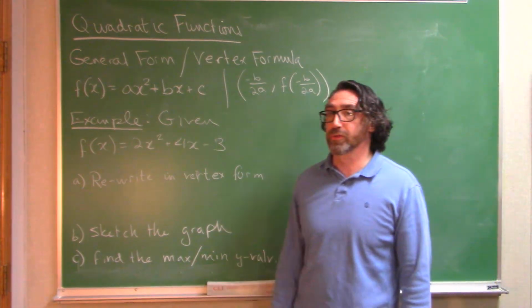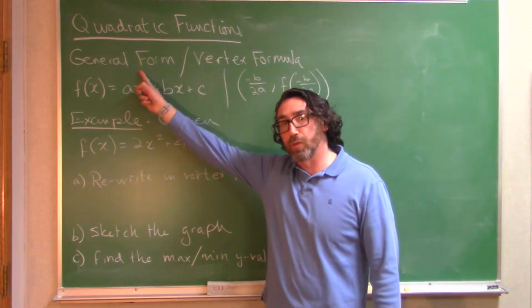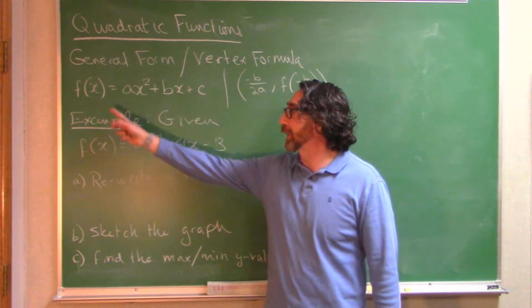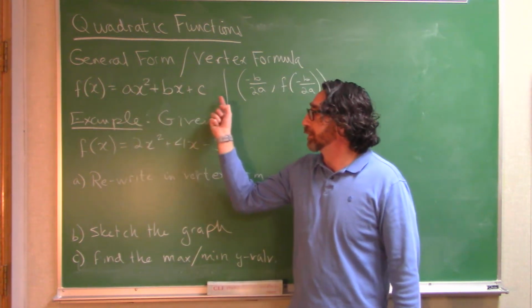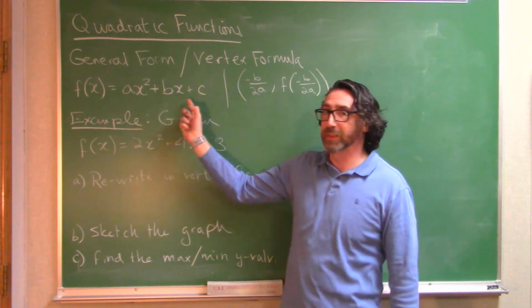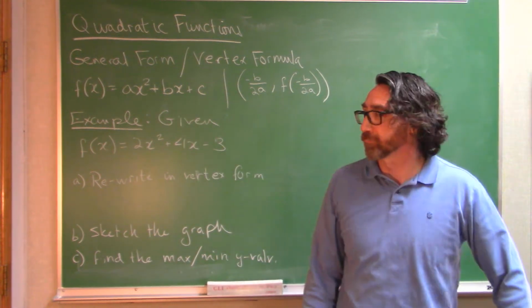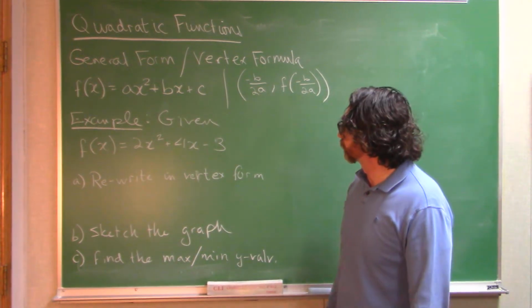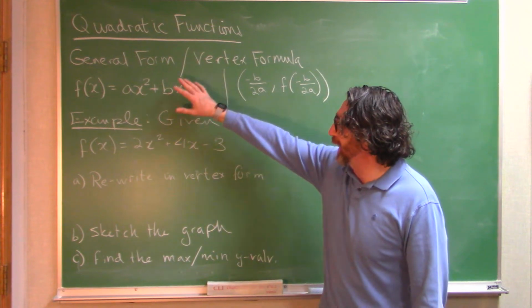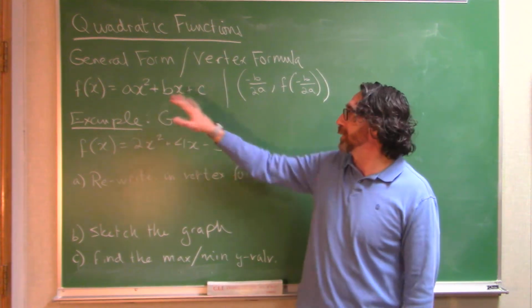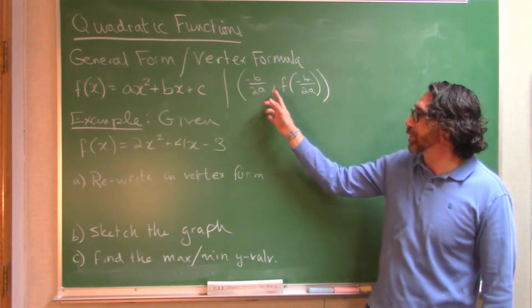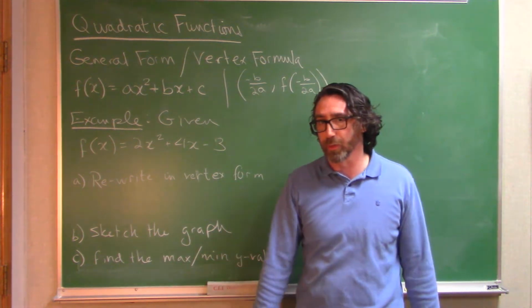Sometimes quadratic functions are given to us in what's called general form, and that's this right here, ax squared plus bx plus c. When I have a quadratic function in general form, I like to make use of this vertex formula to do a lot of the work.